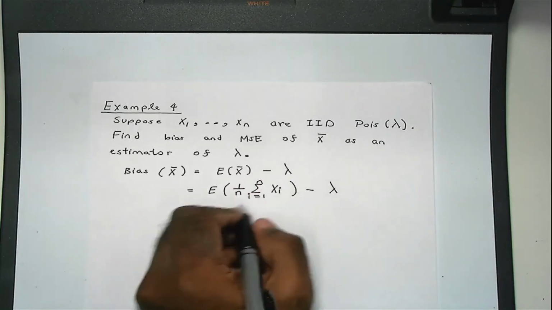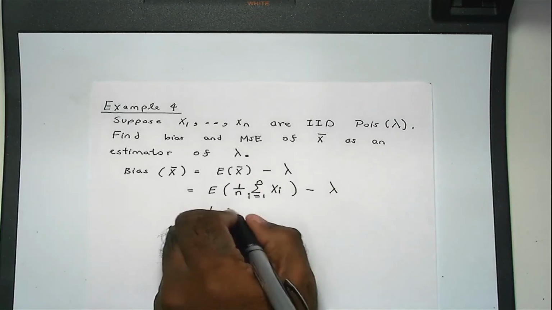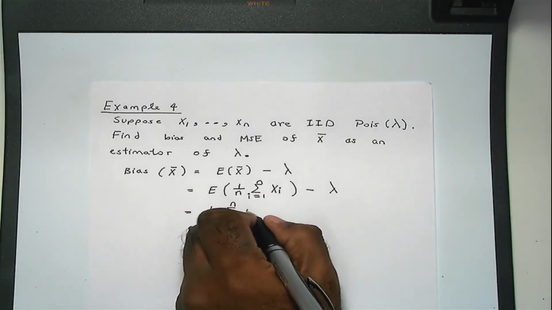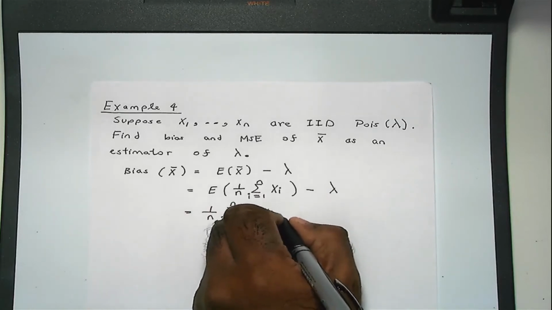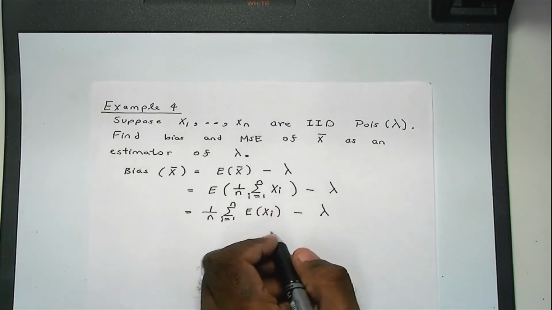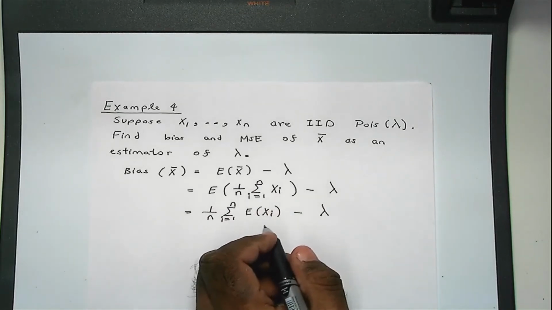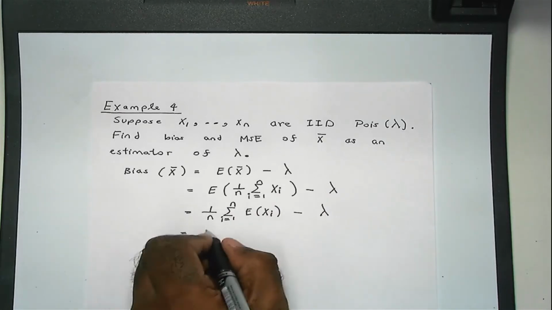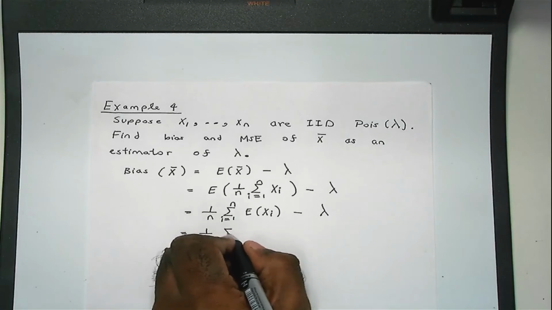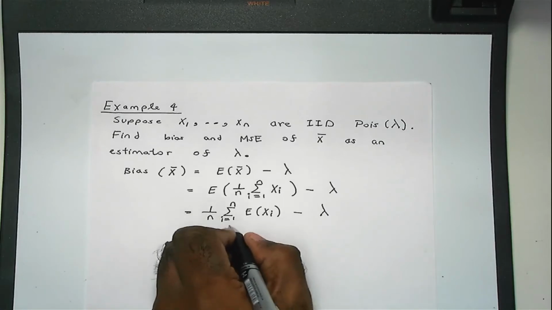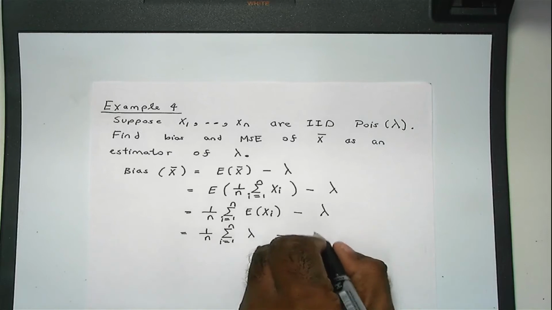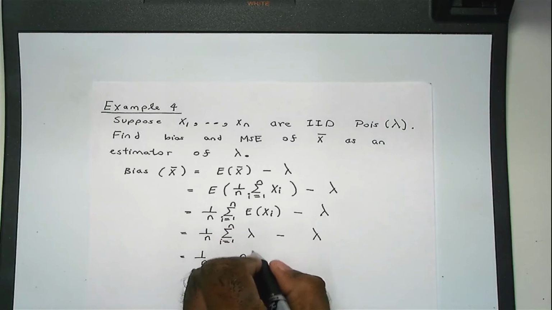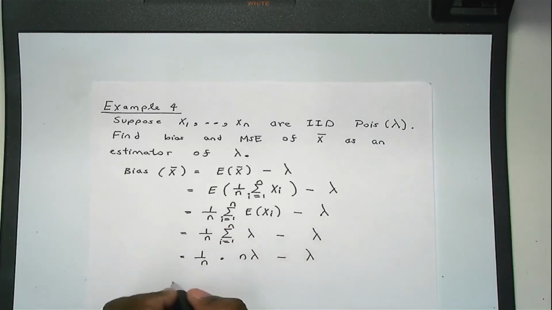Take the expectation inside, you get this. Now all of you know that the expectation of a Poisson variable is lambda, so this is 1 over n times the sum of lambda, which is 1 over n times n lambda, minus lambda, which is 0.